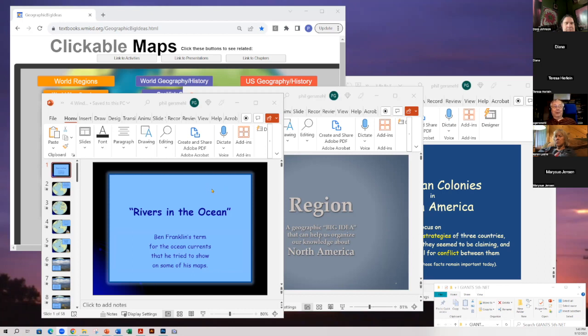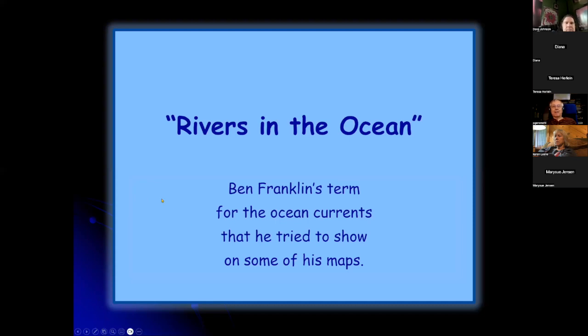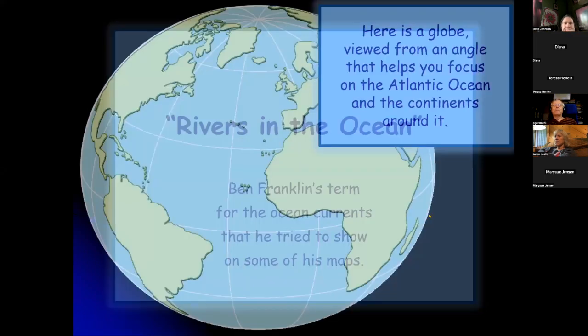So to learn one thing really well, we'll start up a PowerPoint on rivers in the ocean. It was Ben Franklin's term for the ocean currents that he tried to show on one of his maps when he was an advisor for the Maritime Association at the time.